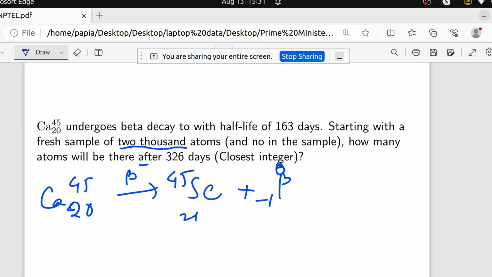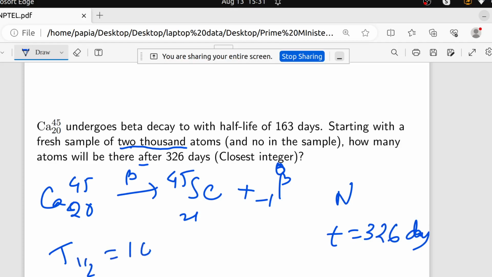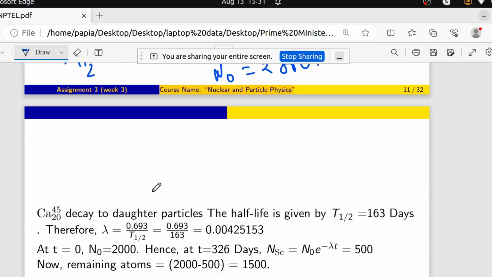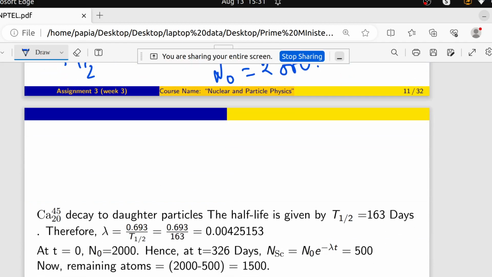So what are they asking? They are asking what will be the value of N after t. What is t? T is 326 days. And what is T half? T half is 163 days. And what is N0 here? N0 is also given: N0 is 2000. So just put all the values here. You can see that I have put all the things, T half is 163.